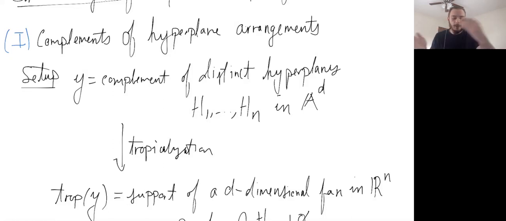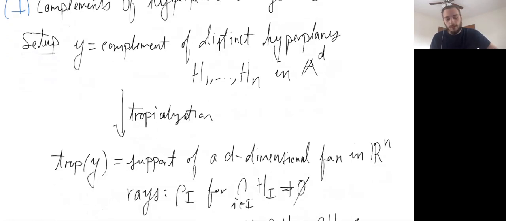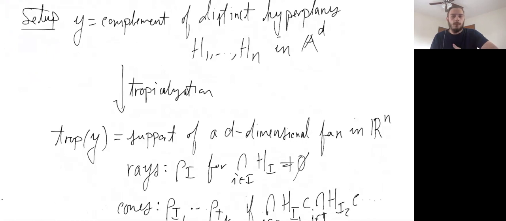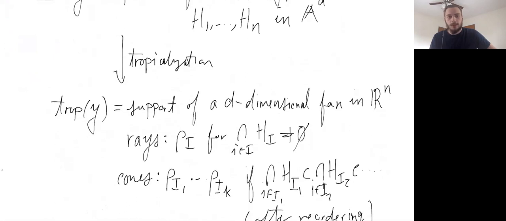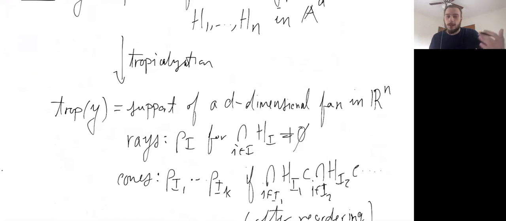So this is some fan or some support of some fan in R^n, and there are lots of different fan structures that you can take on this fan. I wrote down one fan structure that essentially encodes all of the information about how these different hyperplanes intersect.